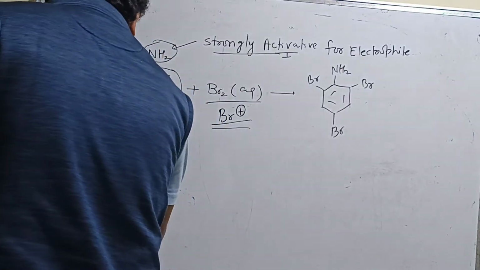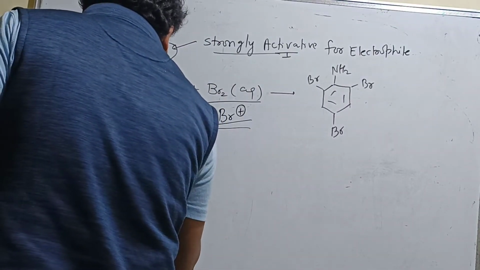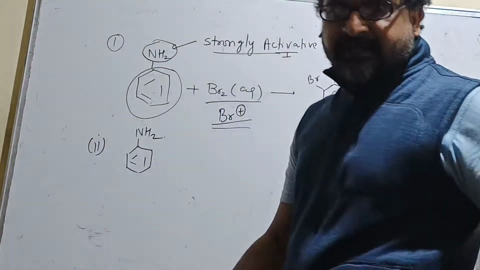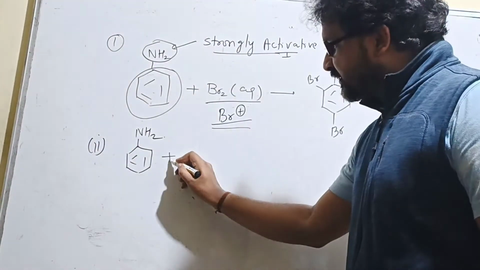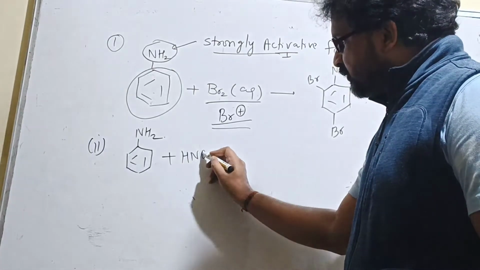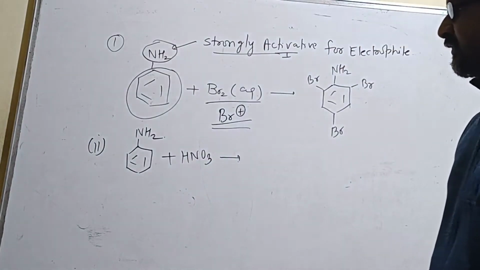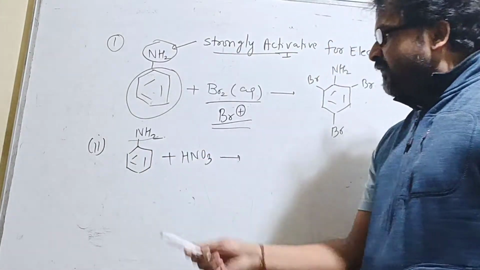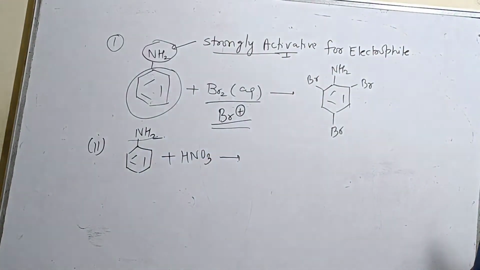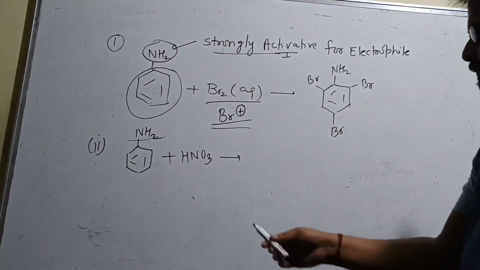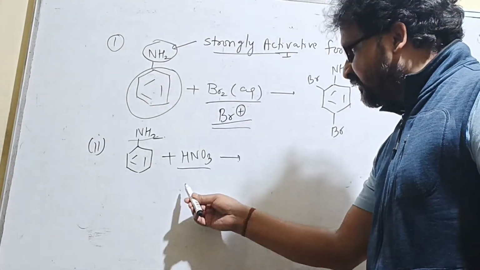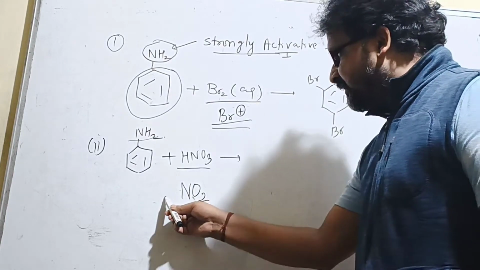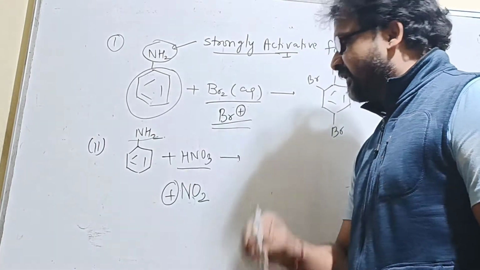The second important reaction is when you treat aniline with HNO3. Our expectation was that NH2, being a strongly activating group, will be an ortho and para director, and HNO3 will provide us an electrophile, that is NO2 plus.